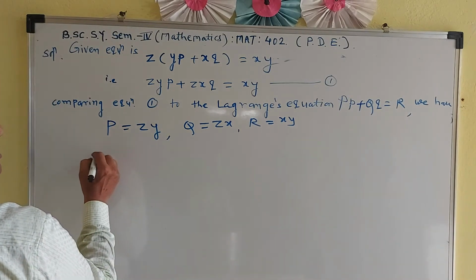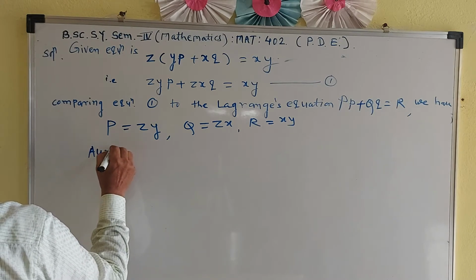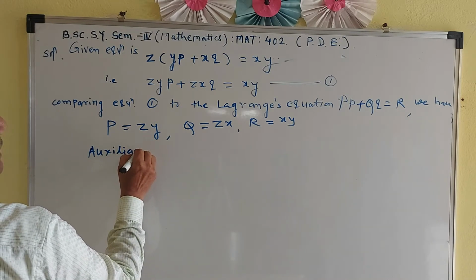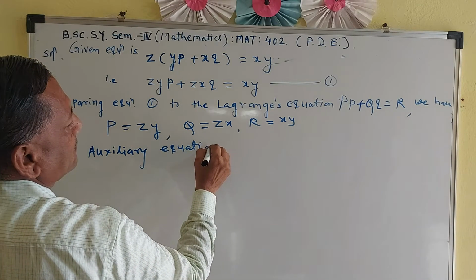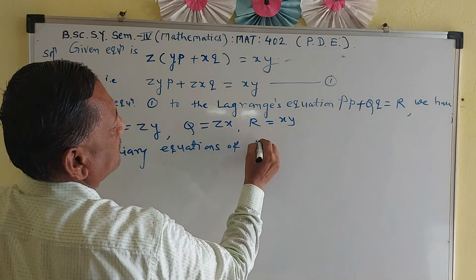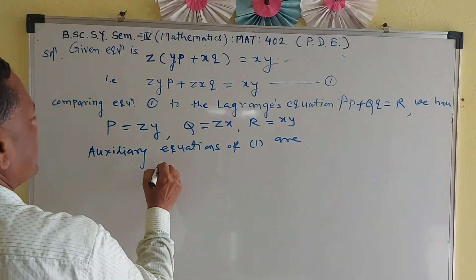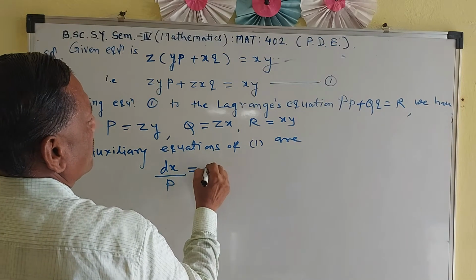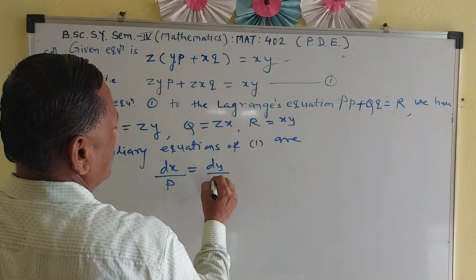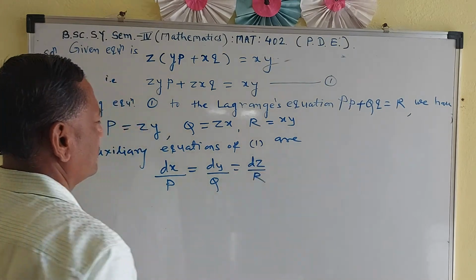So the auxiliary equations of 1 are, first you write the general form, that is dx upon P is equal to dy upon Q is equal to dz upon R.